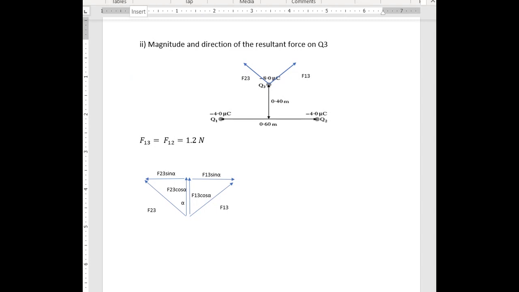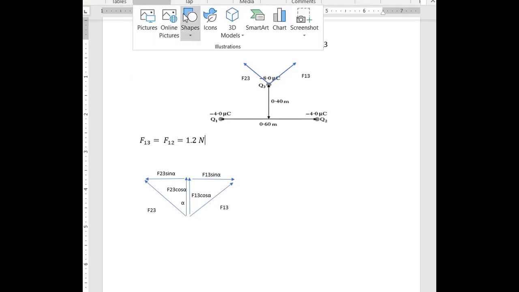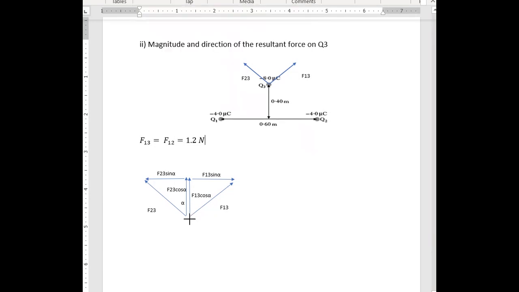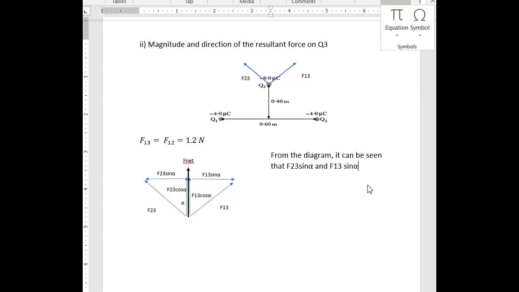The resultant force on charge Q3 will be in this direction. From the diagram, it can be seen that F23 sine alpha and F13 sine alpha cancel each other out.